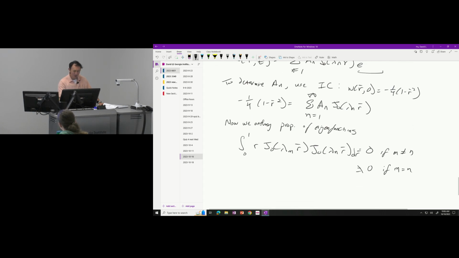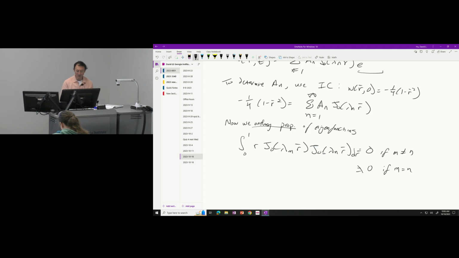All right, so this has the information that we need, but to make progress, we have to use what's called the orthogonality property. Physically, it means that if I take two of these Bessel solutions, multiply them by each other, and integrate them between r0 and 1, I only get a non-zero value if m and n are the same.